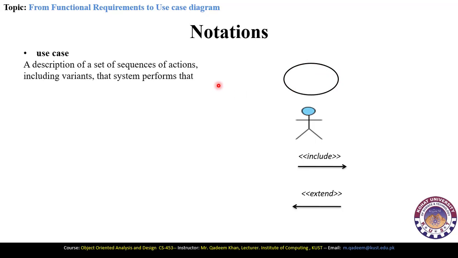So it describes a set of sequences of certain actions, which include different variations or variants, that the system performs for the end users so that the tasks of the end users can be performed while interacting with the use case. It also yields observable values for the actors.